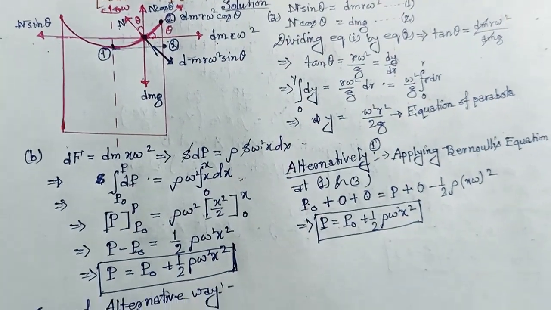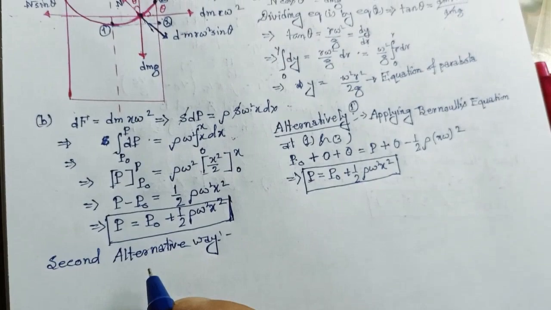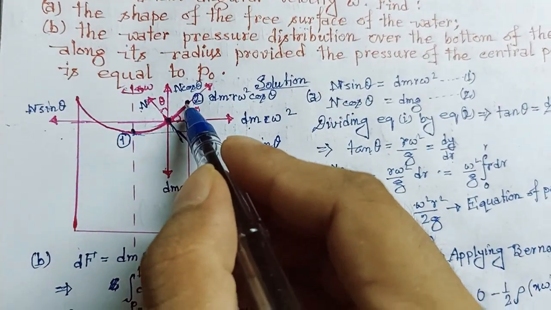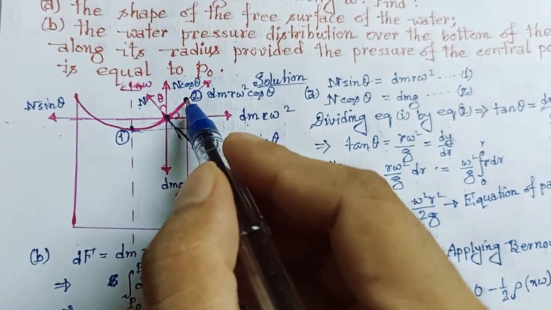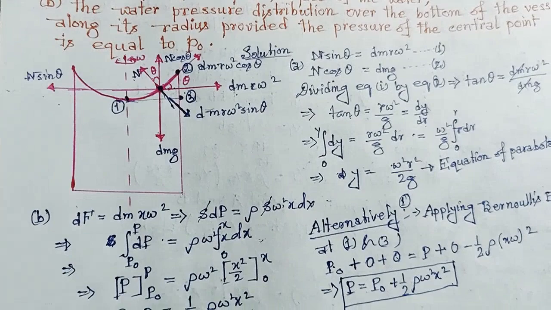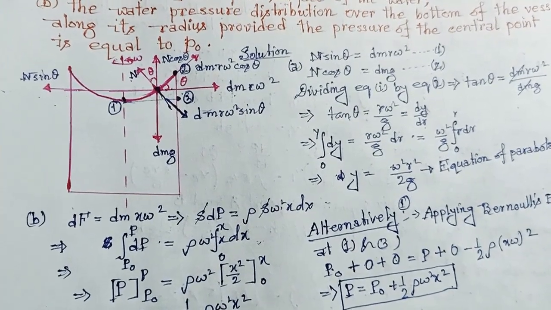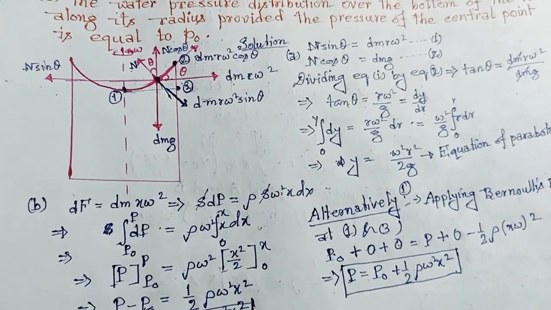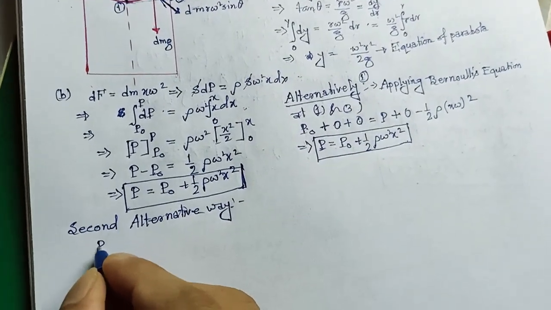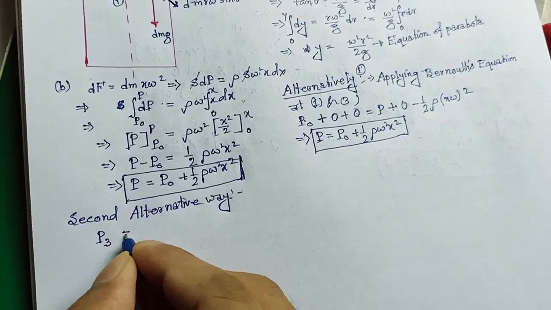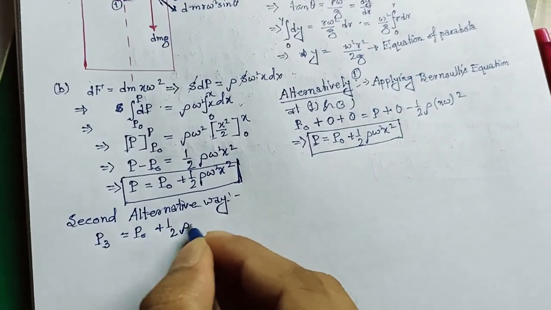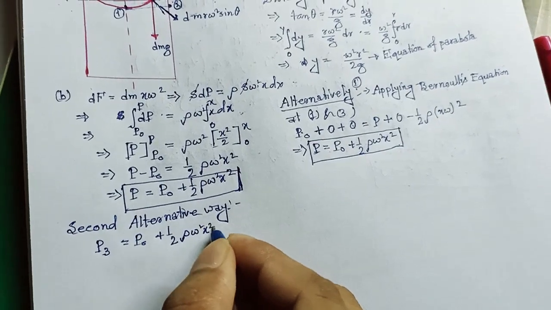As we are seeing, the pressure at point 2 is equal to atmospheric pressure, and pressure at point 1 is also atmospheric pressure, because these both are open to the atmosphere. So from this diagram we can write P3 is equal to P naught plus half rho omega square x square.